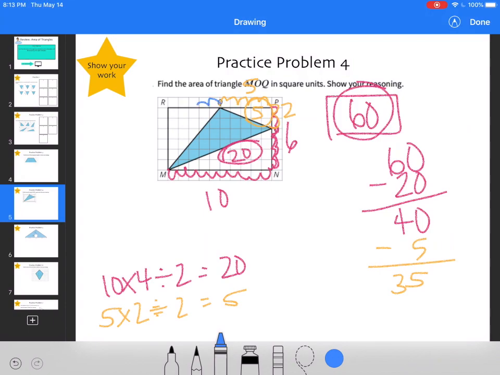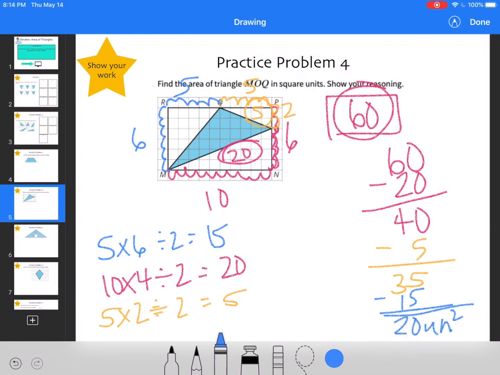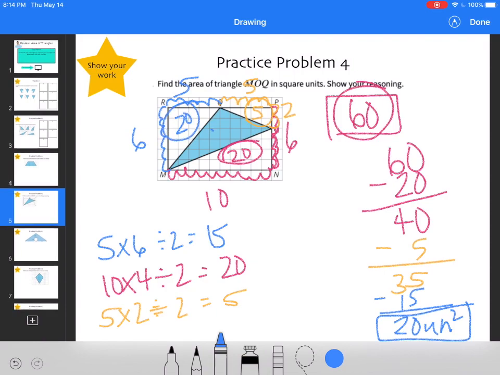So it's 1, 2, 3, 4, 5 by 1, 2, 3, 4, 5, 6. So 5 times 6 divided by 2, so I get 15. And I'm left with 20 units squared for what's left over. So this triangle in the middle has to be 20 units squared.